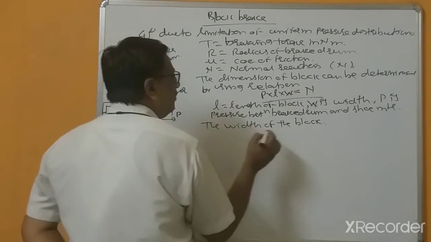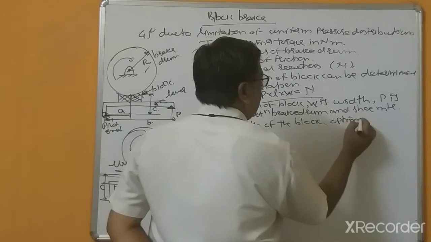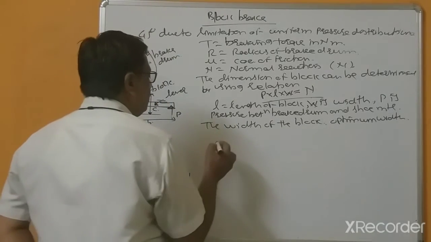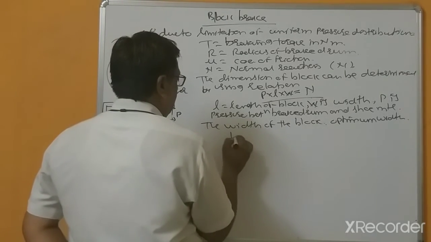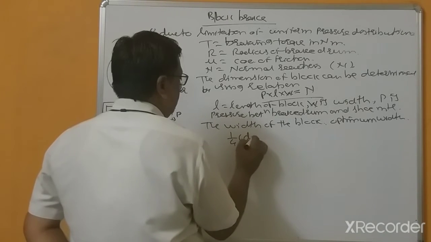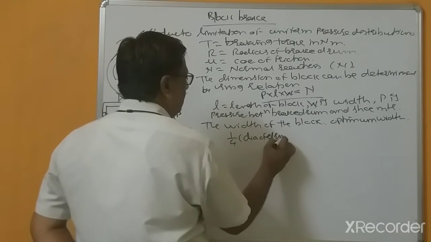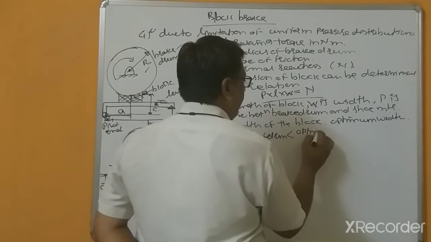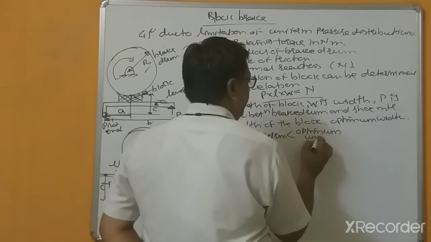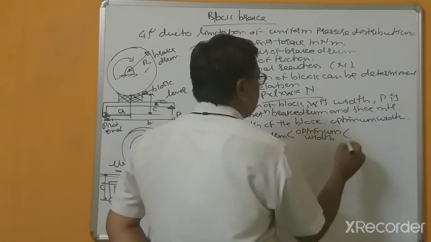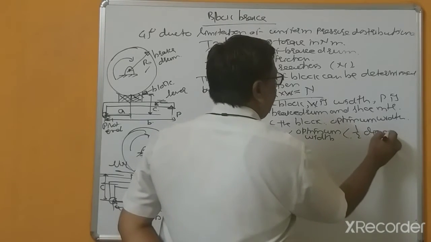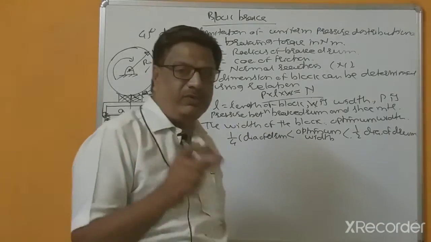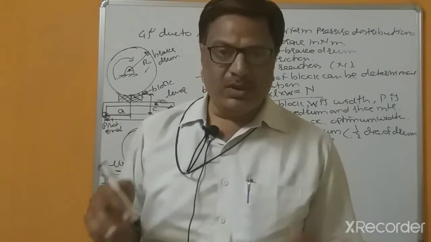So optimum width for uniform distribution is in between 1/4 of the diameter of the drum. This is the optimum width. And this is half of the diameter of a drum.